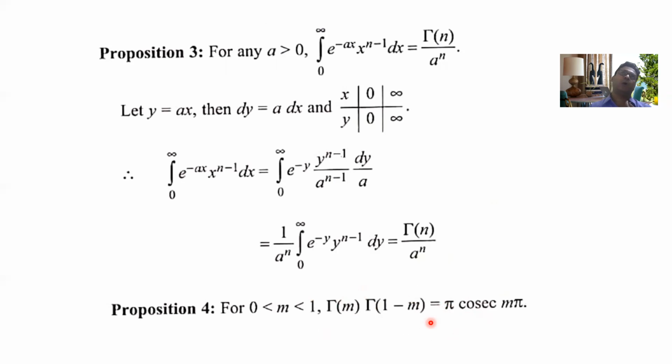Number 1 is gamma 1 is equal to 1, gamma n plus 1 is equal to n gamma n or factorial n. Number 3, the integral from 0 to infinity of e to the power minus ax, x to the power n minus 1 is equal to gamma n by a to the power n. And fourth, gamma m into gamma 1 minus m is equal to pi cosec m pi, where the m value lies between 0 and 1.